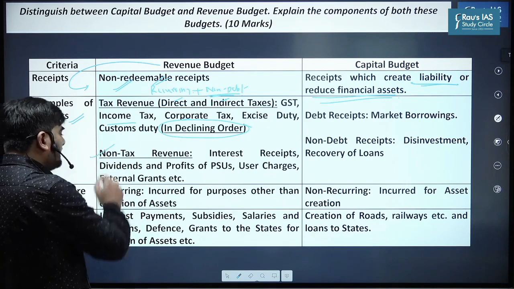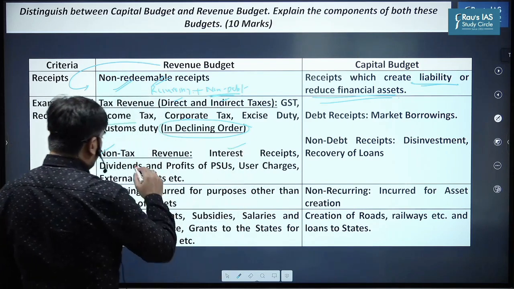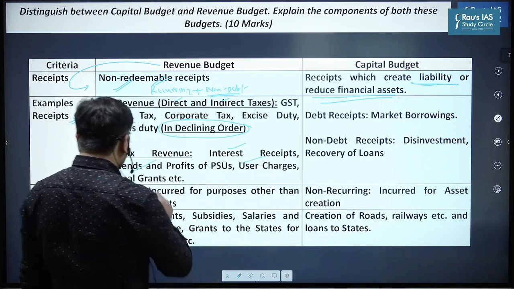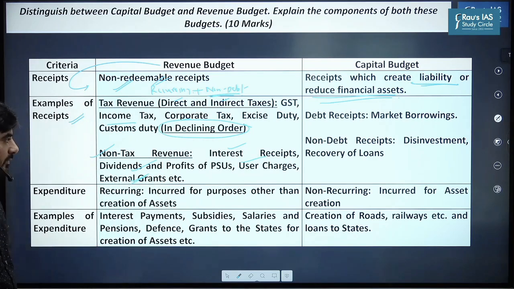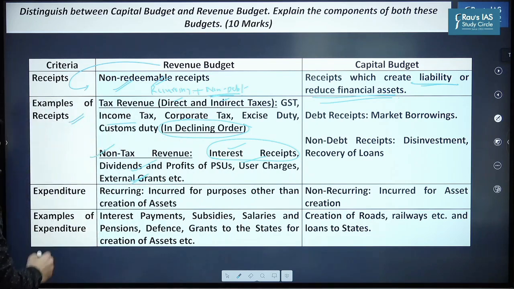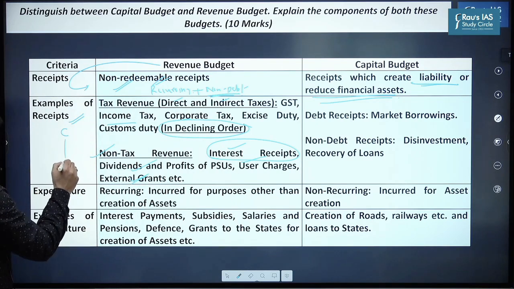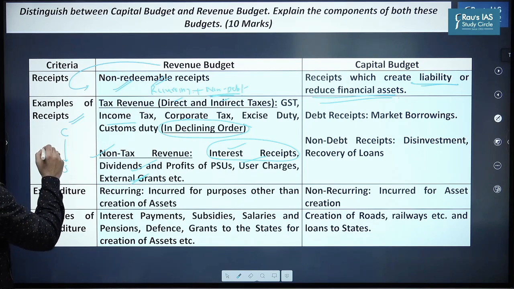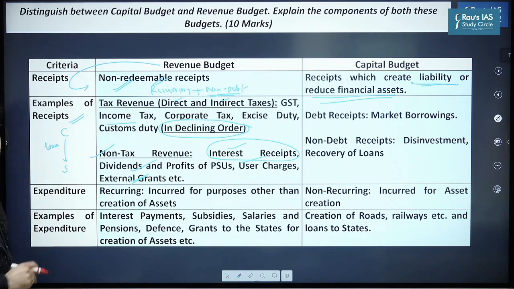Then you have non-tax receipts: interest receipts, dividends and profits, user charges, and external grants, etc. Let me explain this concept of interest receipts. Please focus here. Let's say the central government is giving loans to the state government.